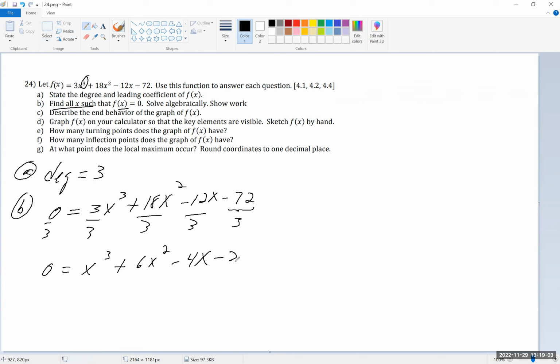So it's still quite a bit to deal with, but I only have to deal with factors of 24 because this is a 1.